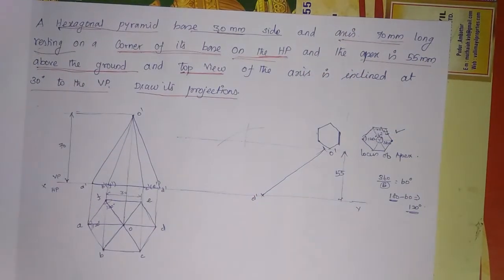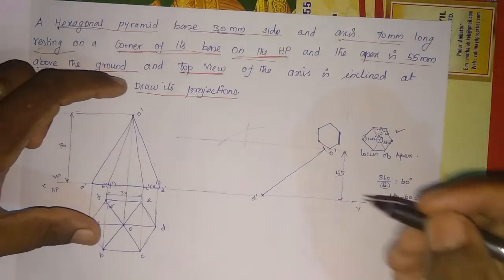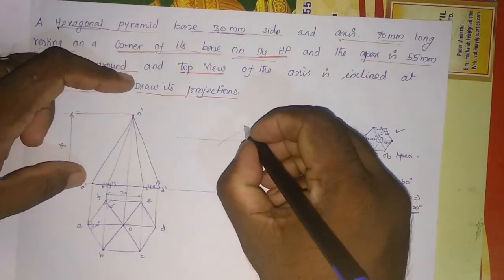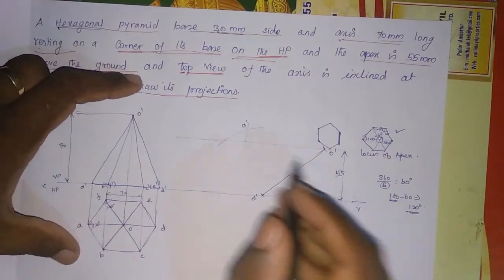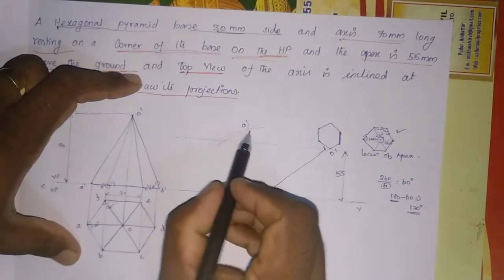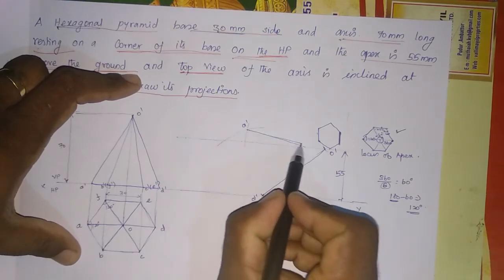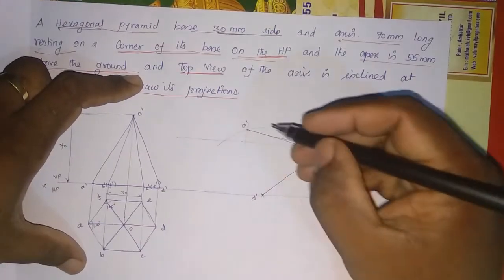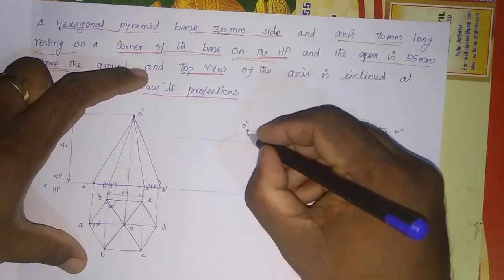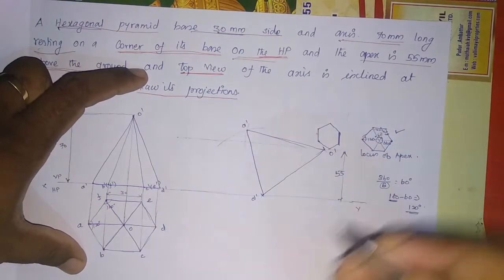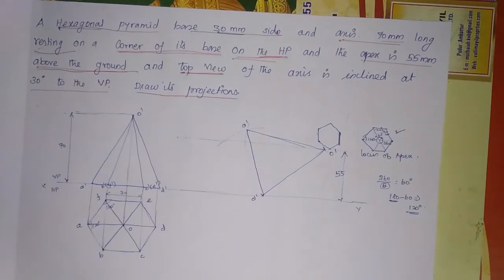So we found another point, which is A dash. We join all the lines, OA and AD base. Now we transfer all the points.